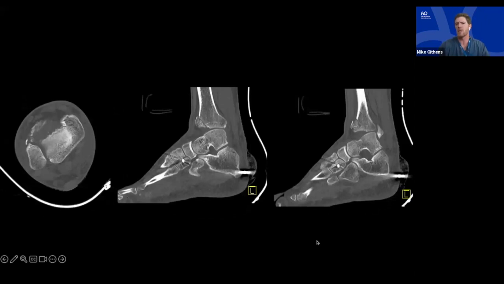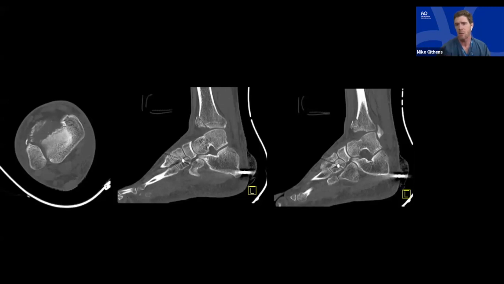And here's the CT scan, which just simply corroborates what we know, which is the anterior quarter of the plafond is completely dusted. And that creates a pretty significant problem in that we talk about intrinsic stability when we reduce and then fix a fracture, right? If you can recreate a stable skeleton and use the plates to augment the bone, whether that's the subchondral bone and the supporting metaphyseal bone, you're going to have a much better chance of maintaining that reduction as compared to something where you're rebuilding a lot of small fragments and resisting a lot of force.